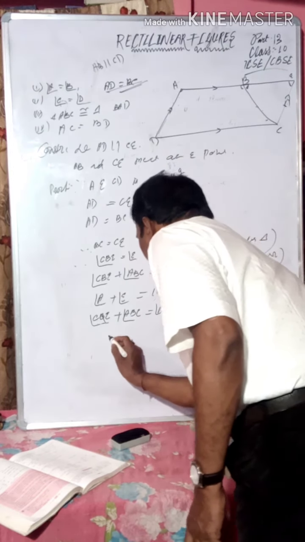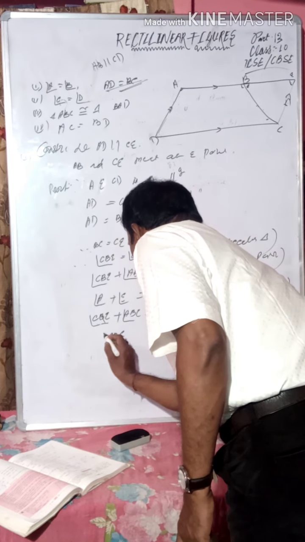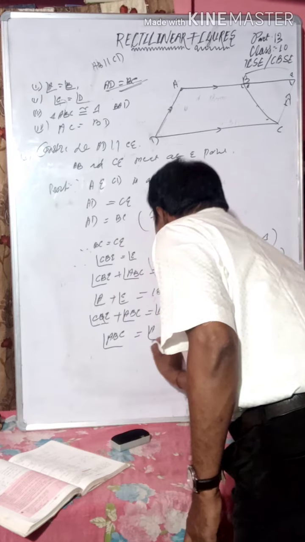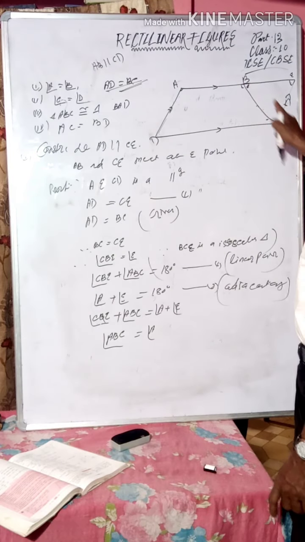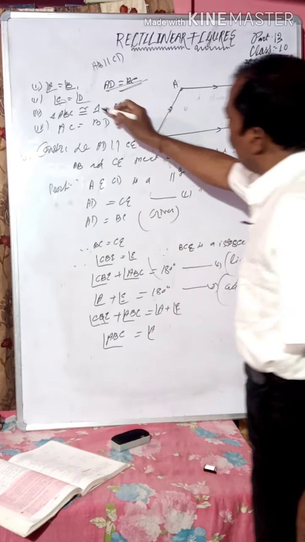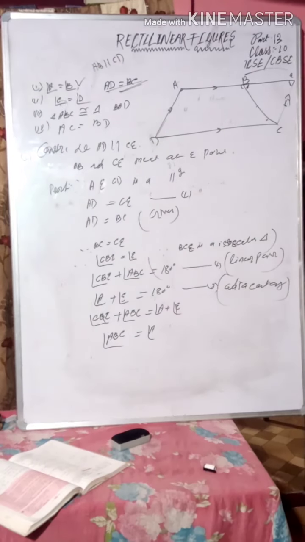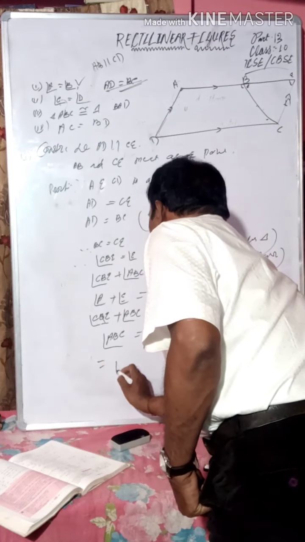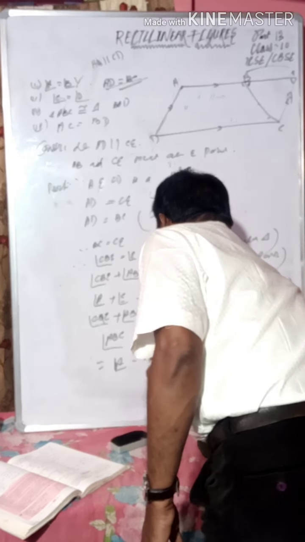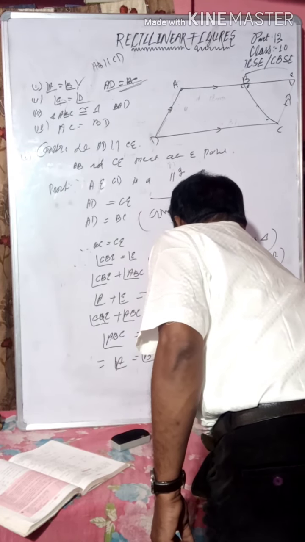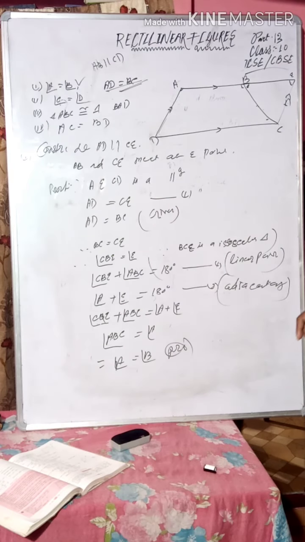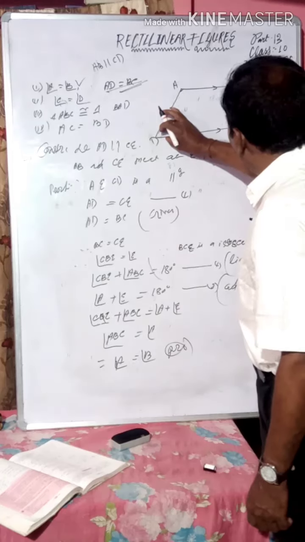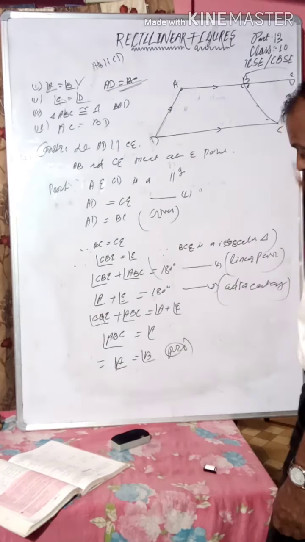So angle ABC is equal to angle A, which is the first proof. Angle A is equal to angle B, proved. Likewise, angle C is equal to angle D. Proof II.